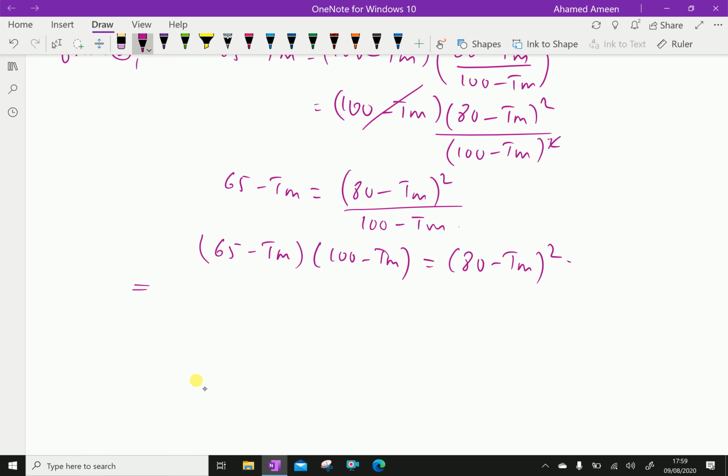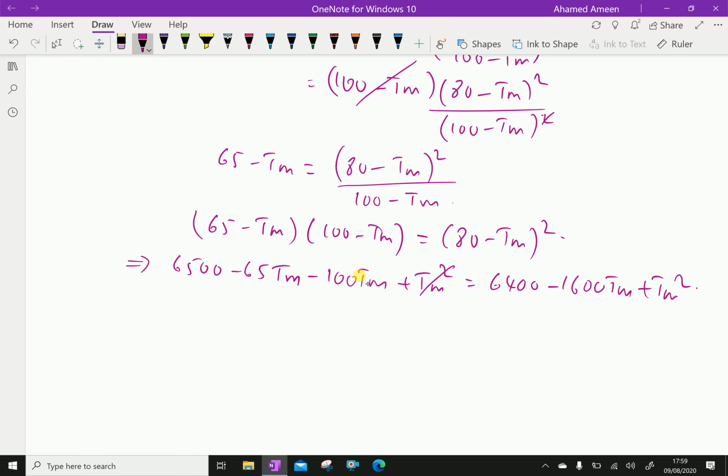Now expanding this: 6500 minus 65 Tm minus 100 Tm plus Tm square equal 6400 minus 160 Tm plus Tm square.